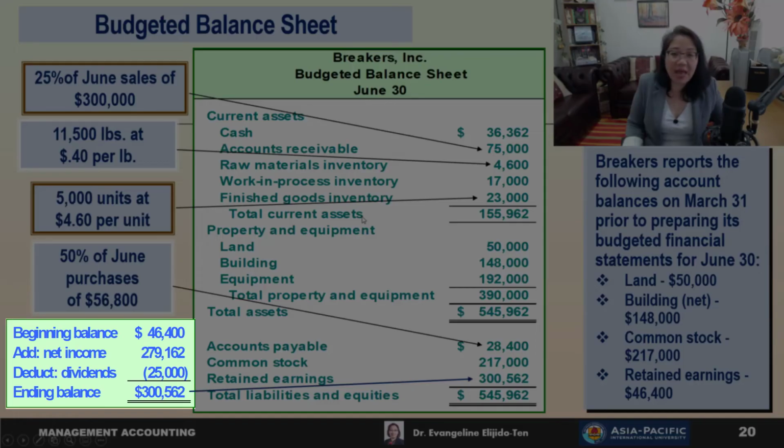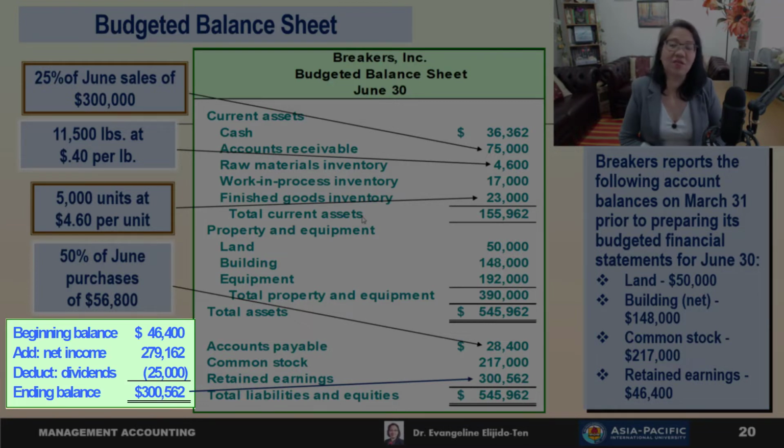The beginning balance of the retained earnings as shown here is $46,400. Then we'll add the net income from the budgeted income statement, which was $279,162, and we'll deduct the dividends paid in April, $25,000.